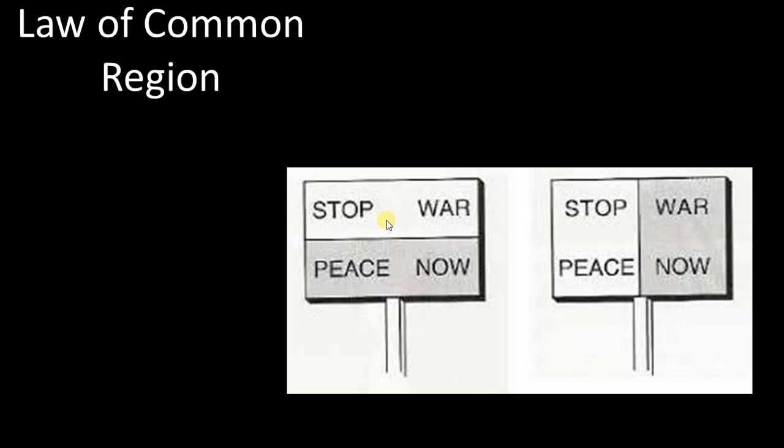So we always perceive some items which are placed at a particular region together. Because it's our brain's tendency to be in such a manner. And this is law of common region. So according to law of common region, we perceive items which are placed at a particular region together.